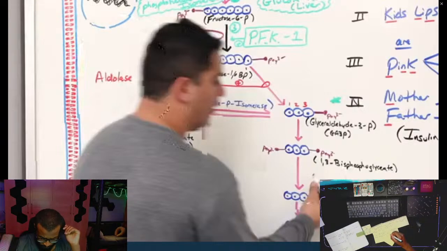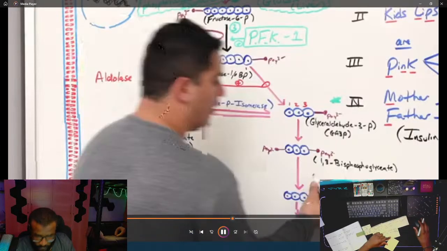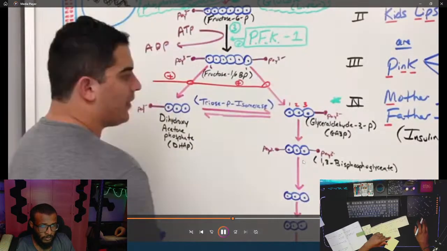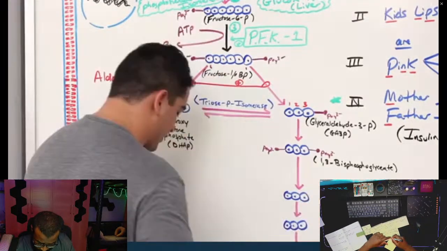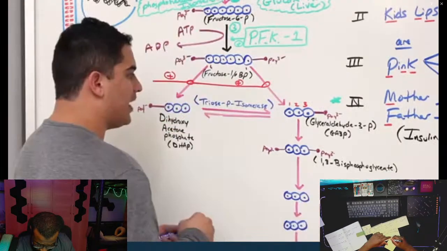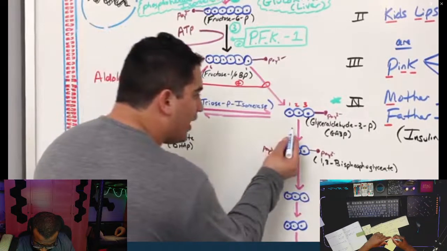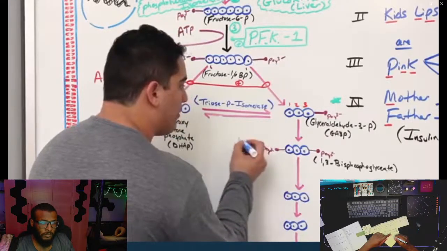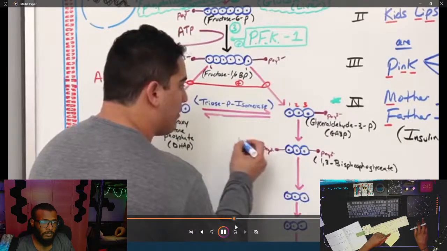Here's the tricky thing though. Look at this. I want you guys to really, really see this. This is fructose 1,6-bisphosphate. It gets converted into DHAP and GA3P. I told you most of this guy is getting shifted over here.